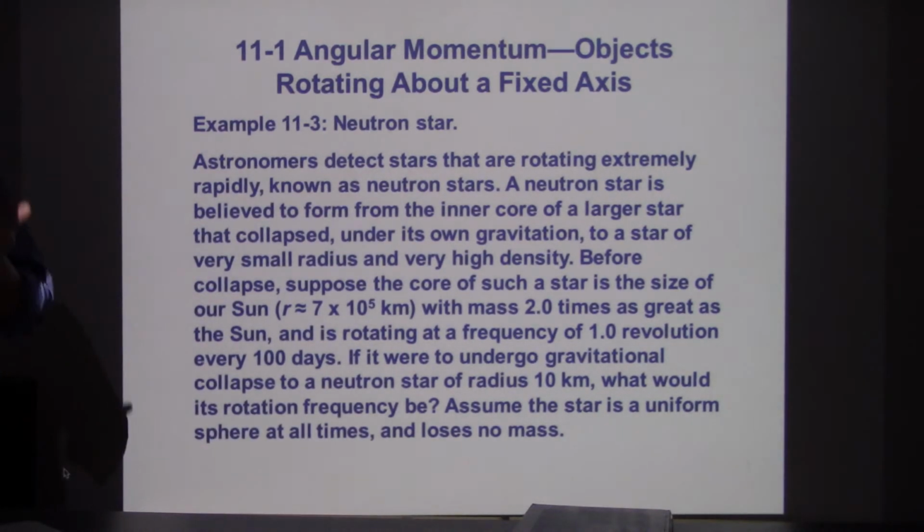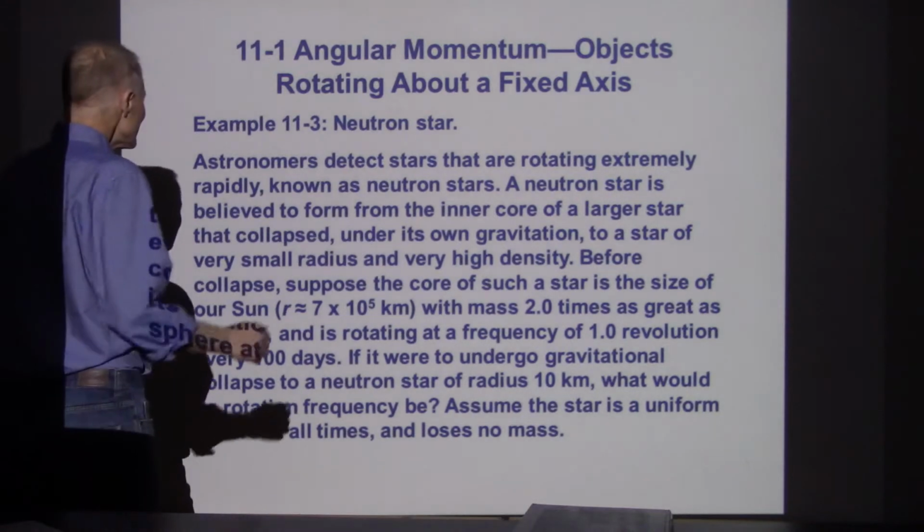So when the fuel in the core is used up, there's no outward pressure supporting the star. As a result, the gravitational forces take over. Gravity's been very patient during all the time when the star was shining, but now that there's no pressure pushing outwards on that star, gravity takes over and it collapses the star.